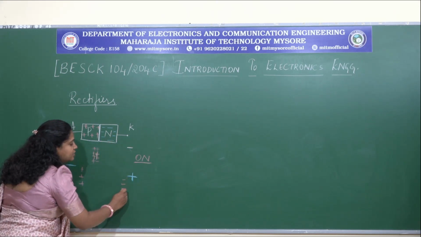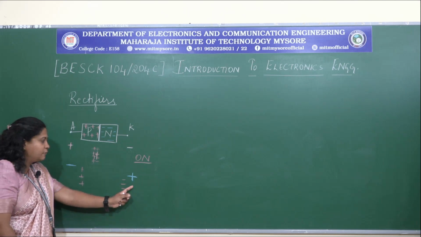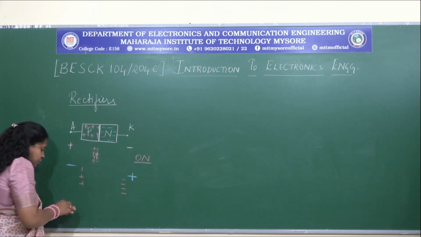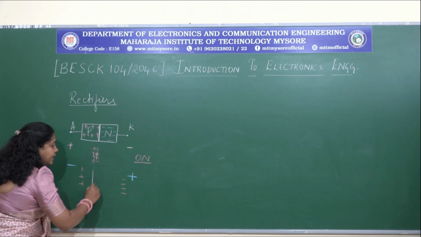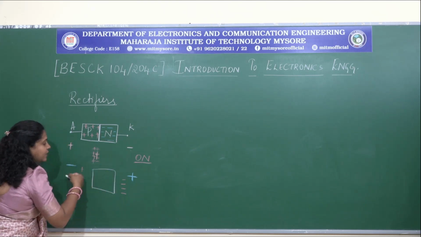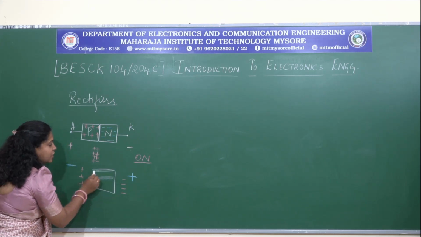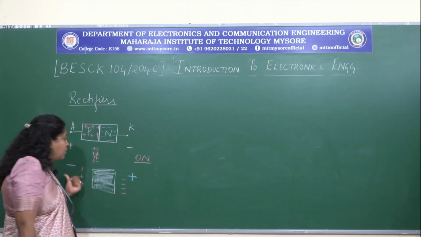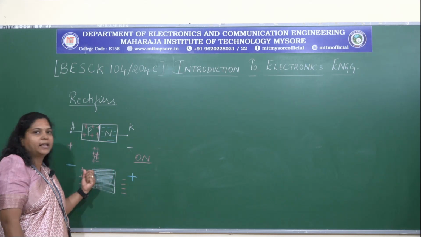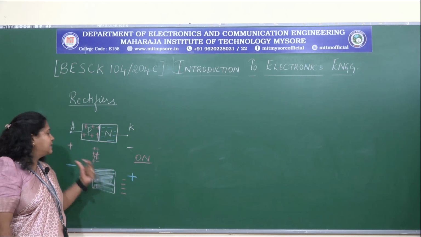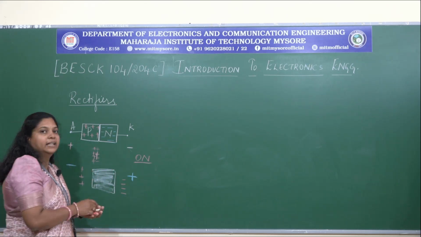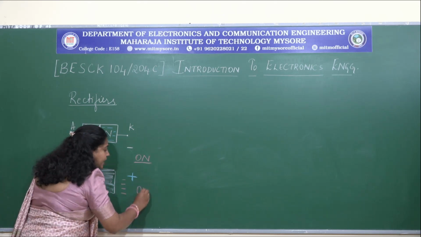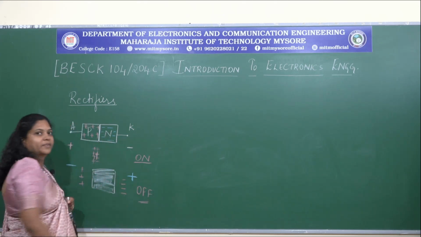All the electrons tend towards this positive potential. So what happens to the barrier potential gap? It increases. The gap between the P and the N region is high, and because of this the electrons cannot freely move to make a pair with the holes. Hence there is no current flow and the diode is said to be in its off state.